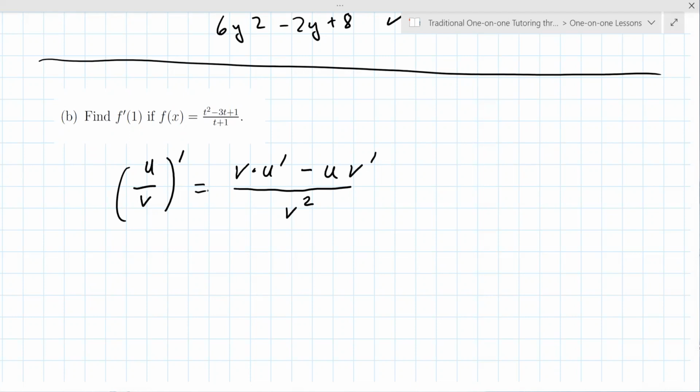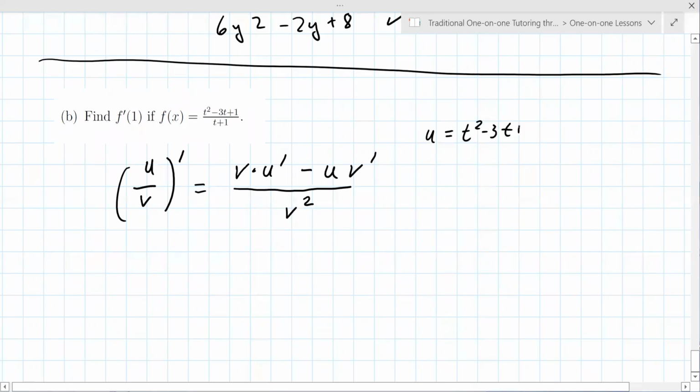But just like the previous problem, you come off to the side here and say, all right, u is t squared minus 3t plus 1. Then you find u prime, and it's just power rule again: 2t minus 3. And v is t plus 1, so v prime is just 1. Then you start meshing things together.